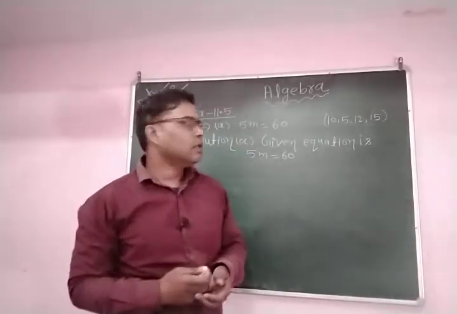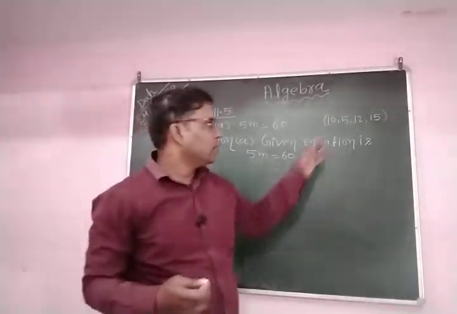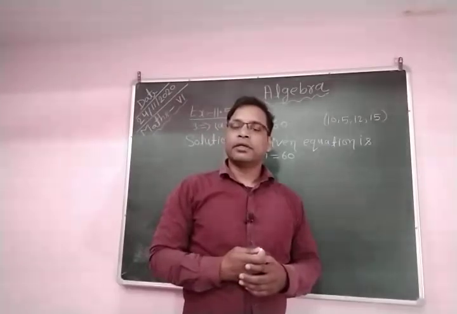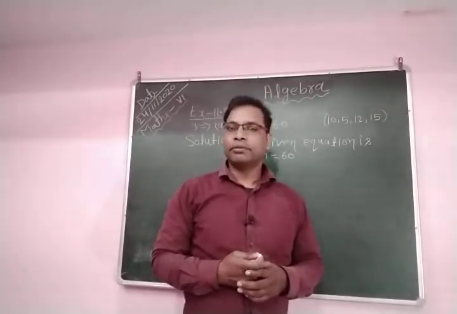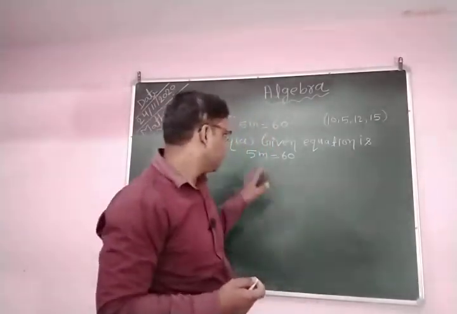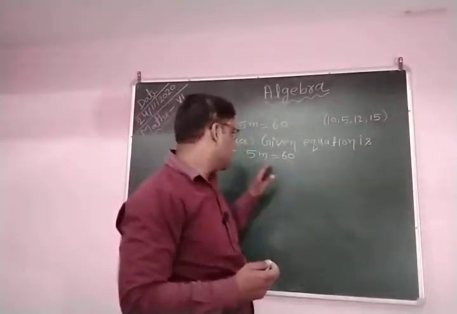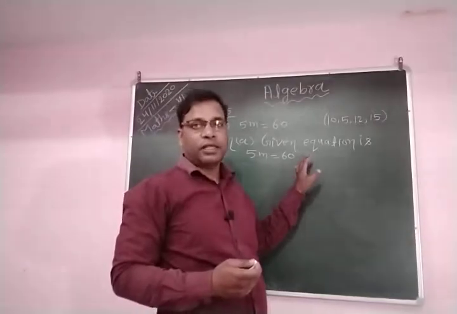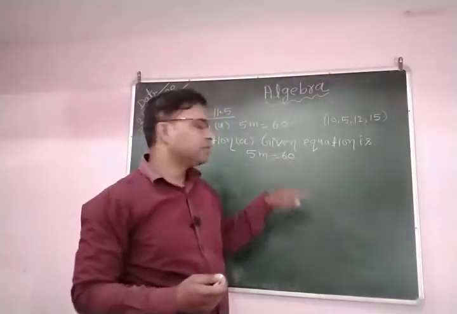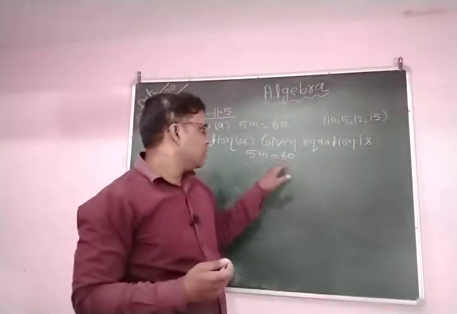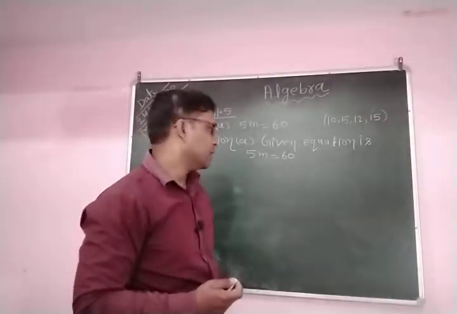We don't know. So we put in the values of m one by one and find the solution of this equation. This is the equation. 5m is the left hand side and 60 is the right hand side.